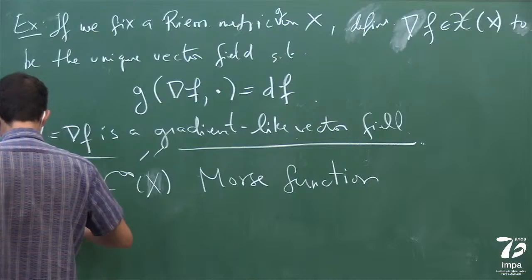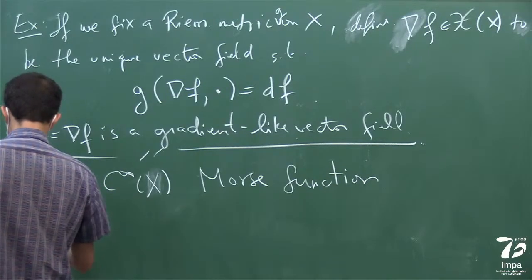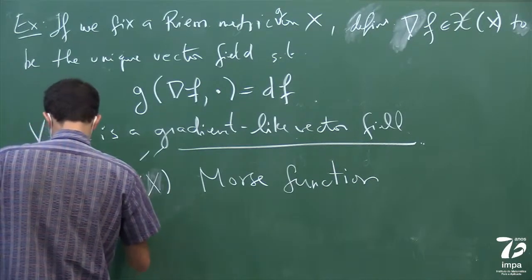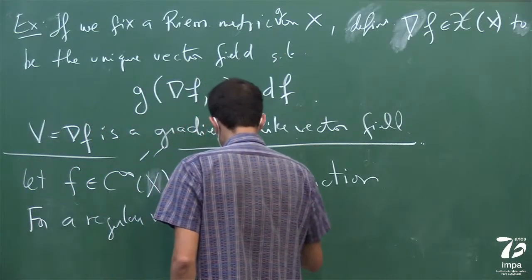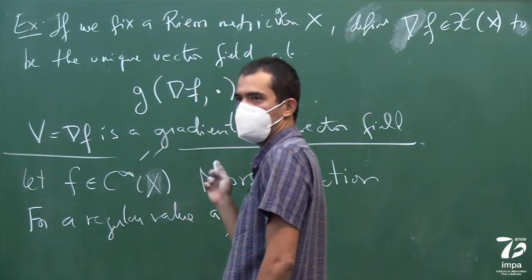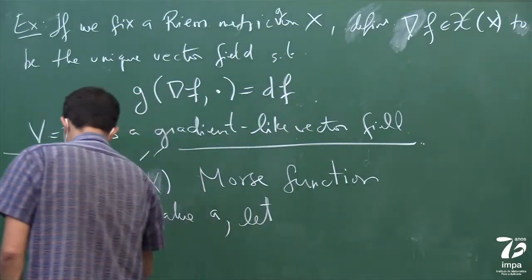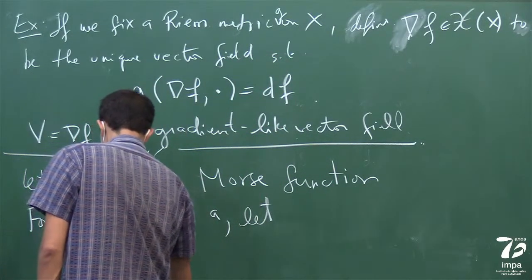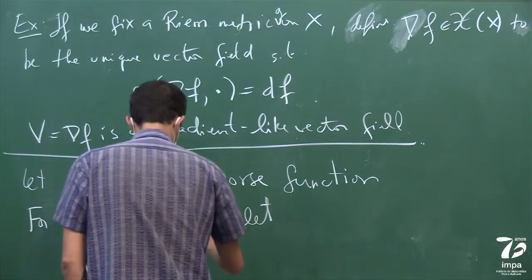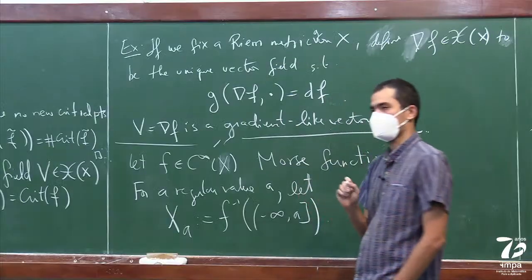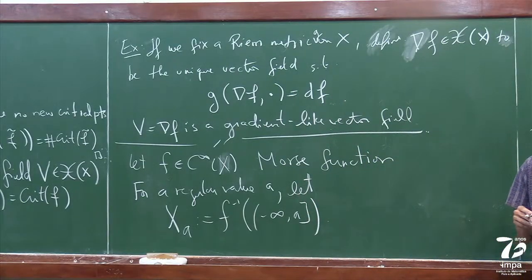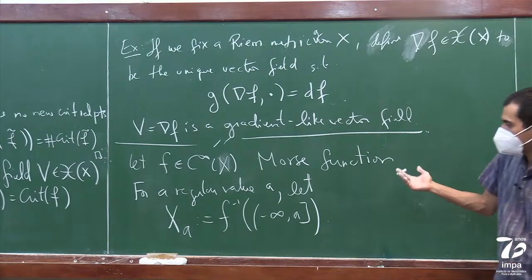So for a regular value A, I'm going to define a submanifold of X, which is the preimage of minus infinity to A. Okay? So we've seen that this is actually a submanifold.